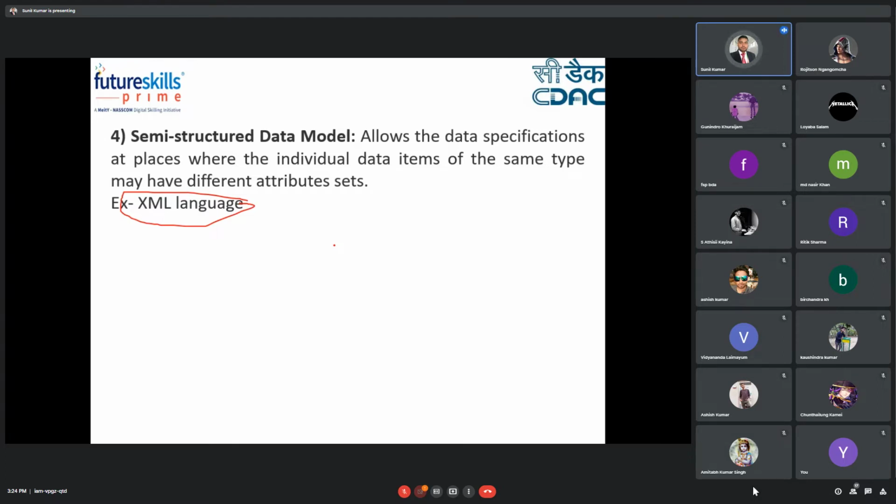When you access any web application, 95% of web pages come in the form of XML. So this is the semi-structured data model, launched for web applications or enterprise applications. Understand?